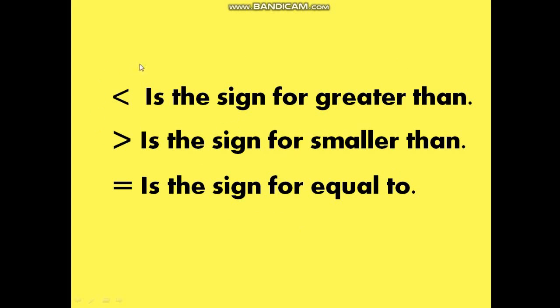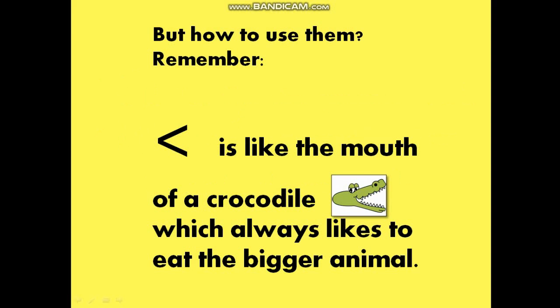Now this has a secret. What is the secret? It is the mouth of a crocodile. You must remember that in your lower classes you have done the comparison using the crocodile's mouth. Crocodile is a greedy animal. It would eat only the bigger numbers. So it is going to open the mouth towards the bigger number and its back is towards the smaller number.